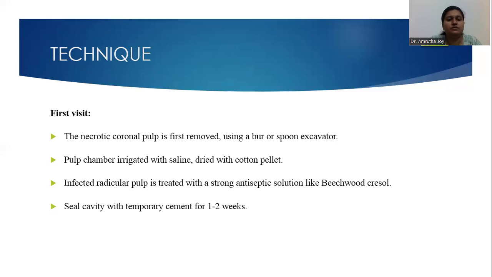Then seal the cavity with temporary cement for 1 to 2 weeks. Initially, we have to remove all the caries, open the pulp chamber, remove the coronal necrotic tissue, place an antiseptic, that is beechwood creosote, and seal the cavity for 1 to 2 weeks.